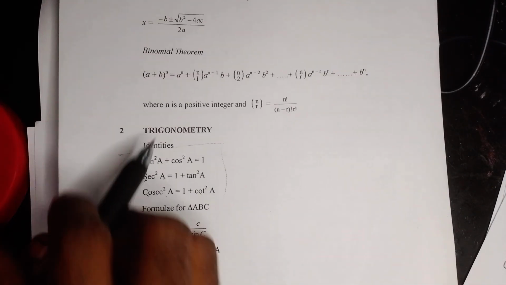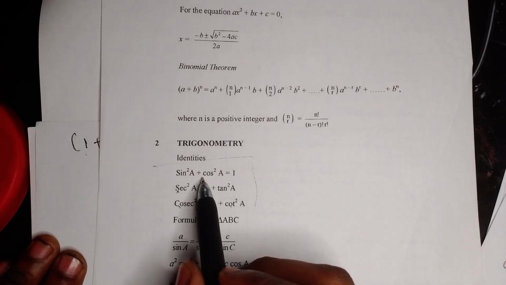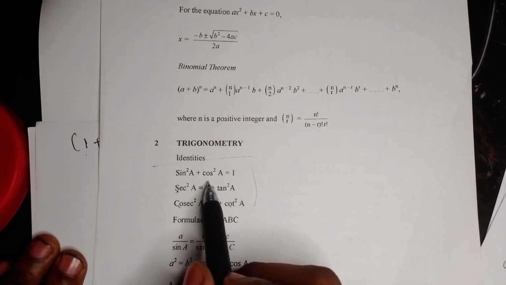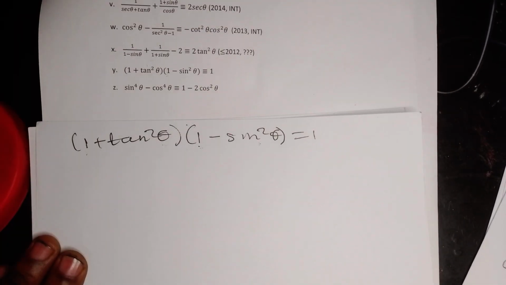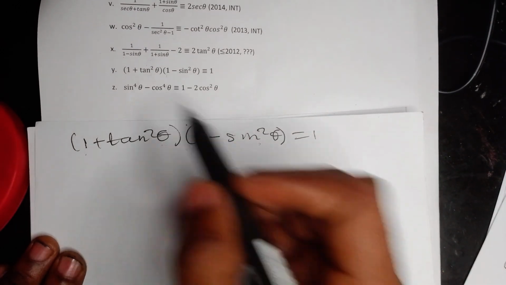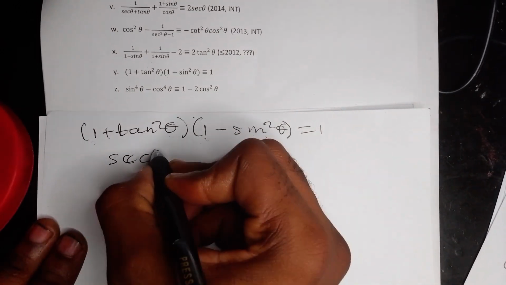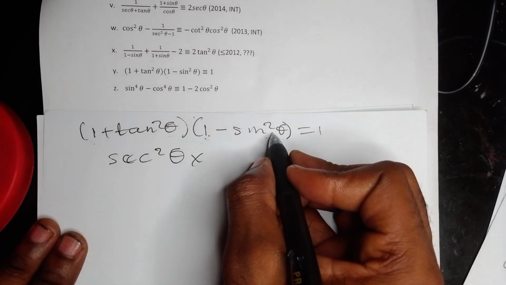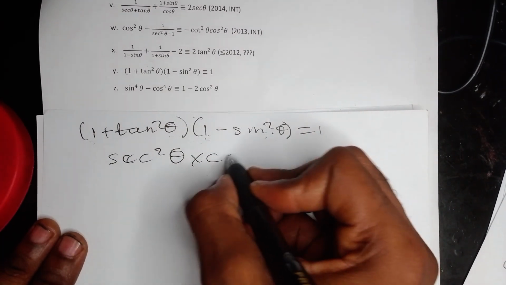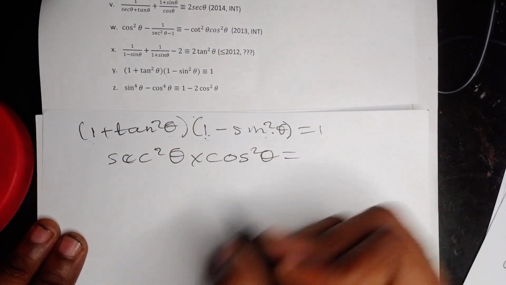And then when you take sine to the other side on this, you see that what you have in here is just cosine. So I'll change this to sec squared theta. Then this will be cos squared theta.